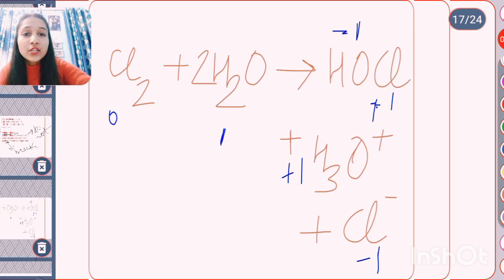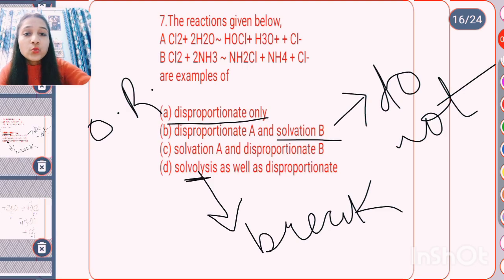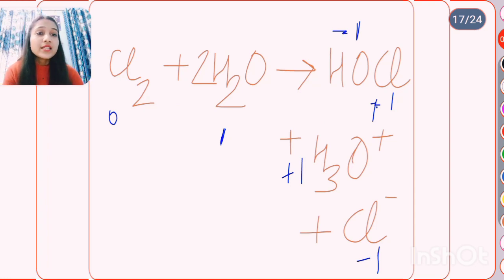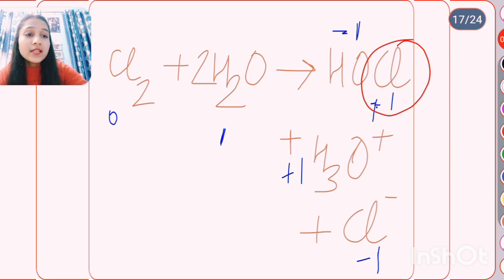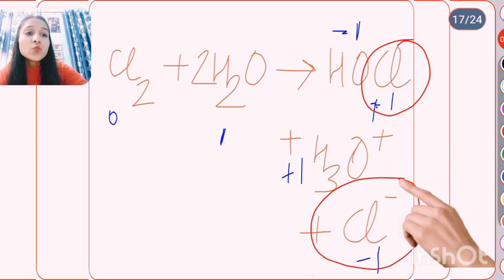We have the first reaction as Cl2 with H2O giving HOCl, H3O positive and Cl negative. If we look at it, Cl2 has zero oxidation state, and if we come to the right side, here we have Cl in +1 oxidation state and also in -1 oxidation state.